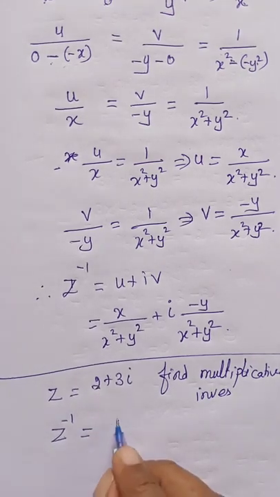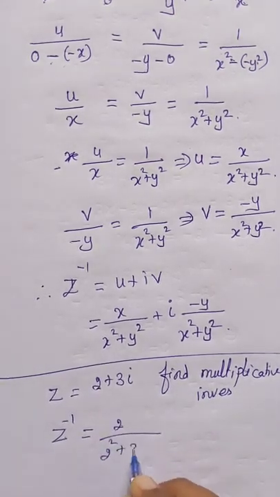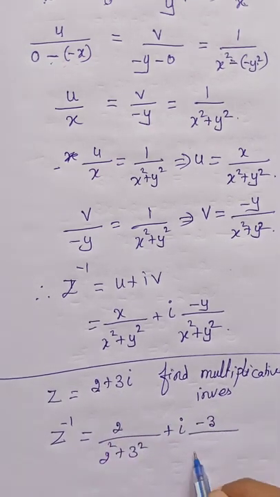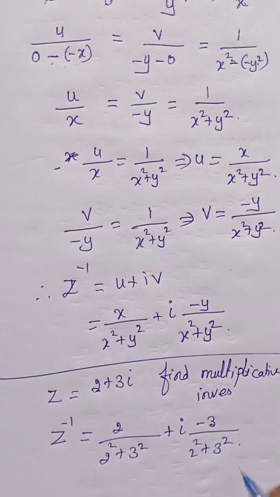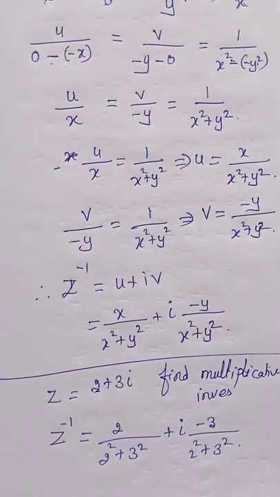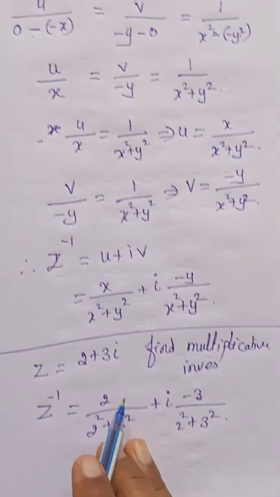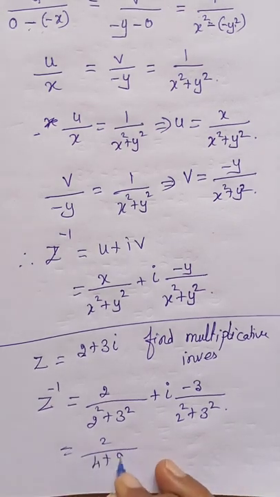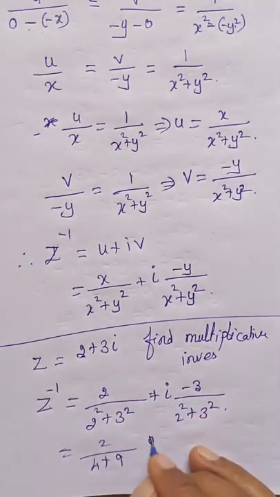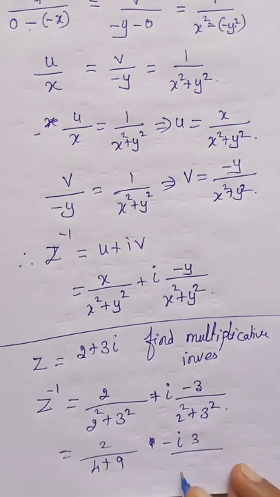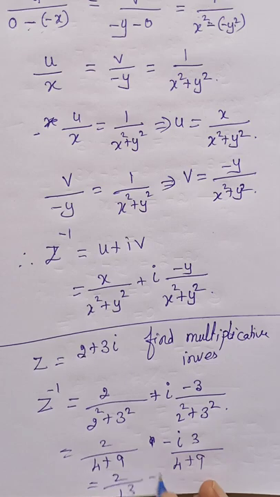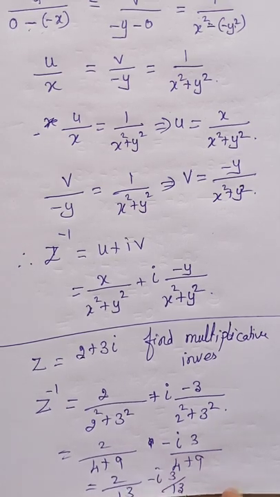First value 2 by 2 square plus 3 square, plus i into minus the second value by 2 square plus 3 square. It's easy to find out, isn't it? No need to find out any other thing. We can use this formula. Then we have to simplify. 2 by 4 plus 3 square is 9, plus into minus is minus, i into 3 by 4 plus 9. So 2 by 13 minus i into 3 by 13.